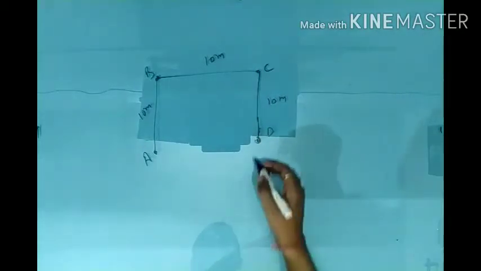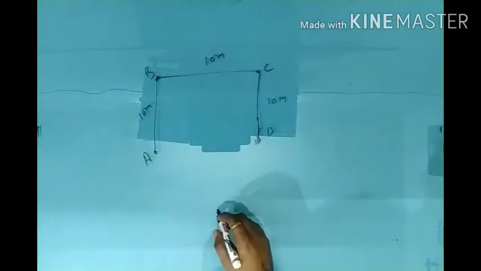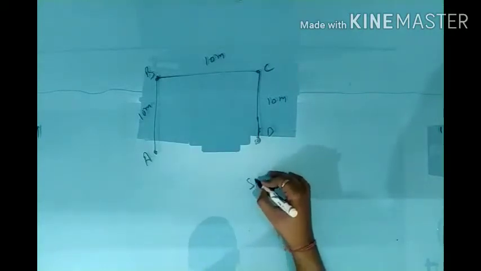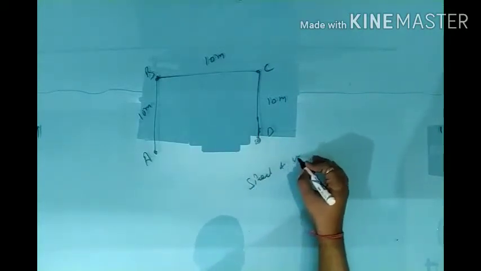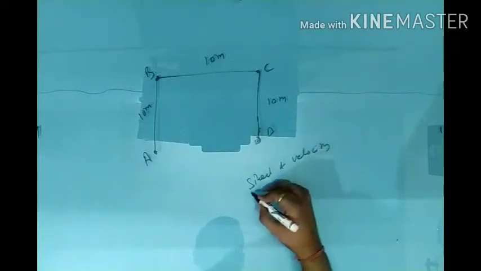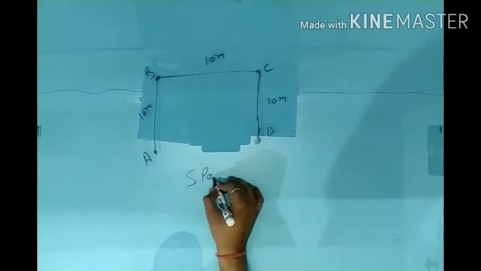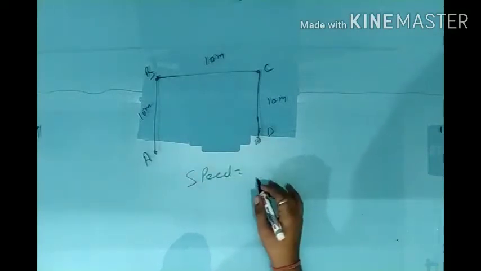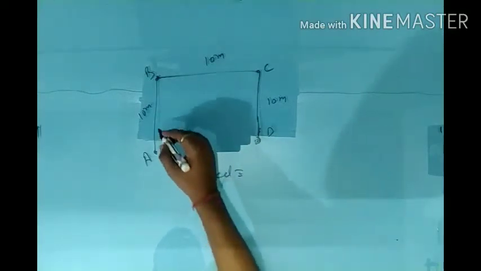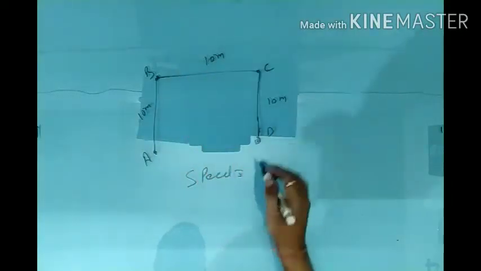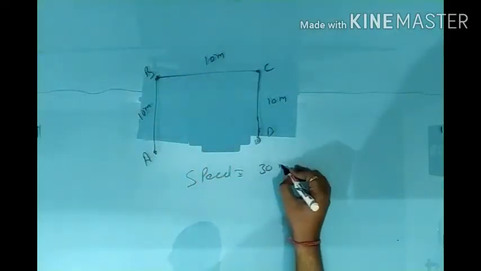Finally he reached the point D. Now we have to find speed and velocity. First let's calculate speed. Now what do you mean by speed? We know that speed is total distance divided by total time. Now what's the total distance? 10, 10, 10. It means it is 30 meter.